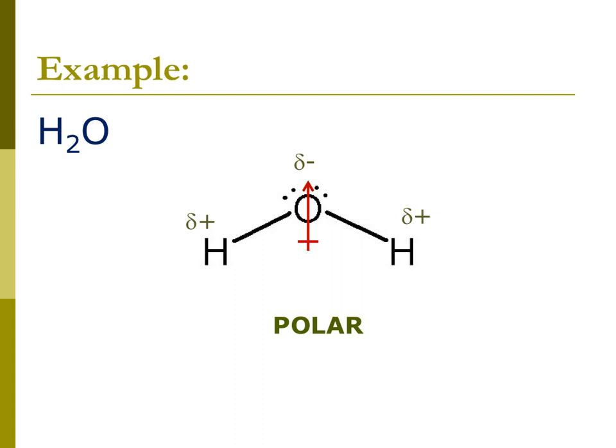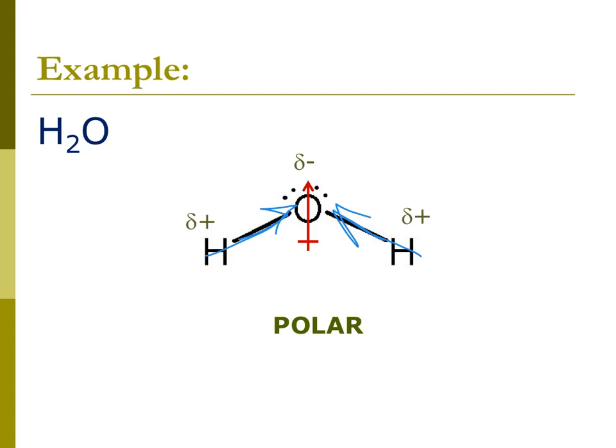Water has a bent shape. This is important because it means that the bond between hydrogen and oxygen is not directly opposed to the other bond between the other hydrogen and oxygen. So even though oxygen is more electronegative than hydrogen, so that the bonds would be going both in towards oxygen, the lone pairs put them at an angle.